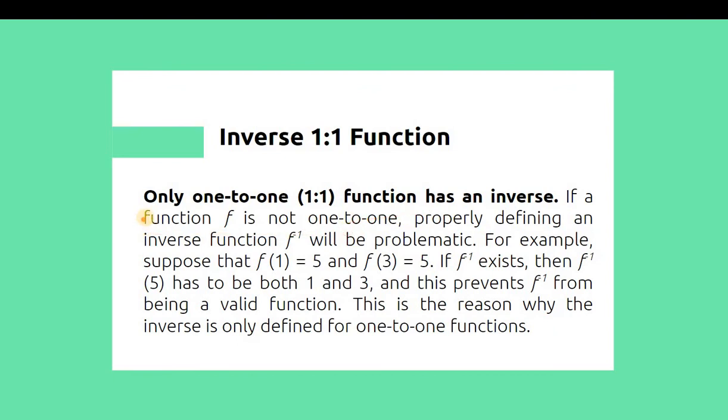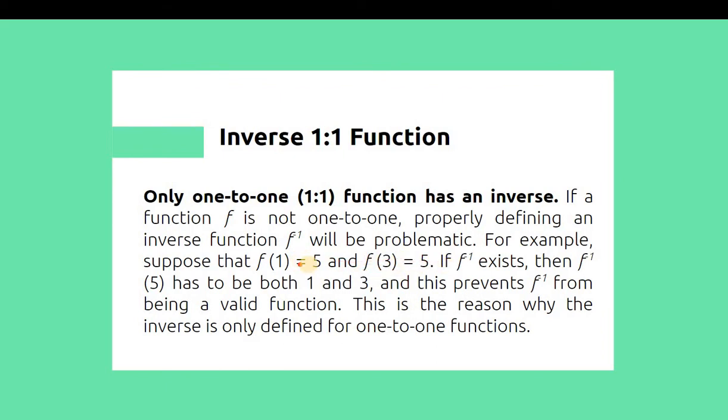And then, a strict reminder: only a 1:1 function has or can have an inverse. If a function is not 1:1, properly defining an inverse function will be problematic. So, mahihirapan tayong i-inverse siya. Or, to put it simply, hindi mo siya mai-inverse. Okay? So, for example, let's say yung function mo, f(1) equals 5, tapos meron ka pang f(3) equals 5.